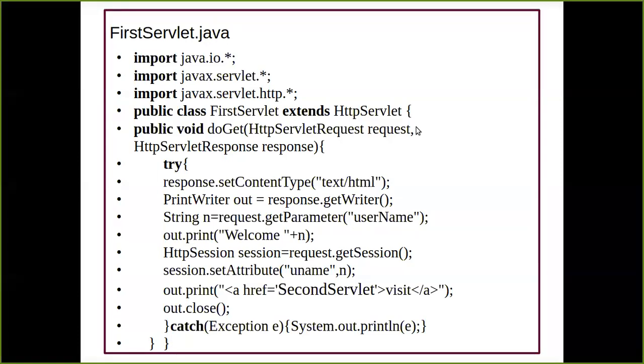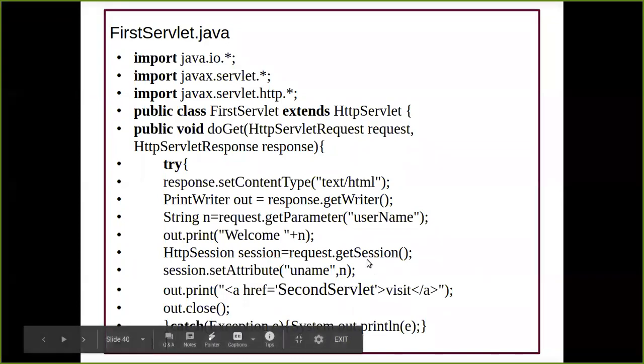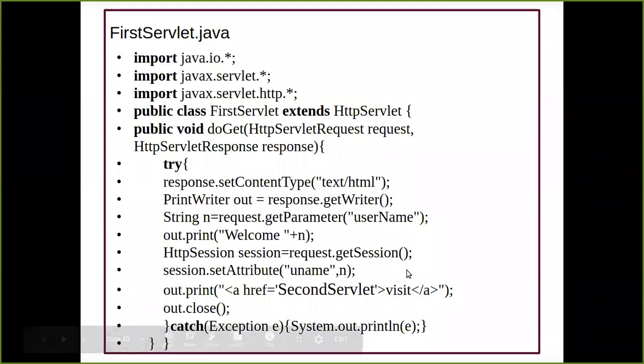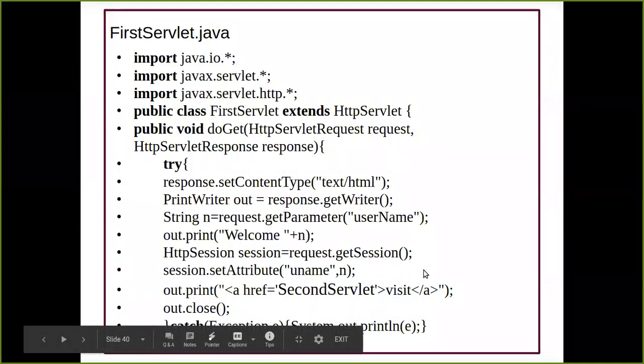When I talk about only the getSession method without any boolean value inside it, it is just going to give me the current session which has been associated with the request. If the session has not been associated with the request, it is going to create a new one for me. When I talk about the second way, where I have the same method but write a boolean value as true, always it is going to give me a new session for each request.